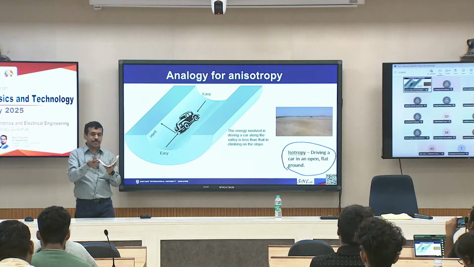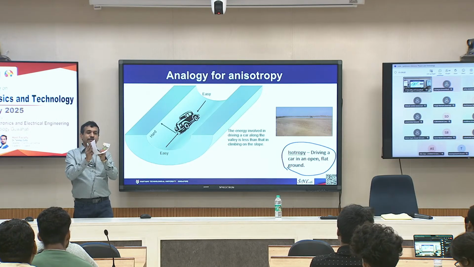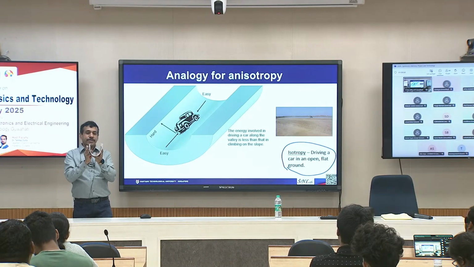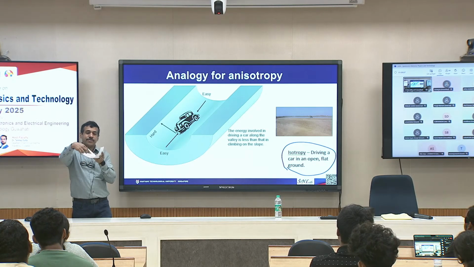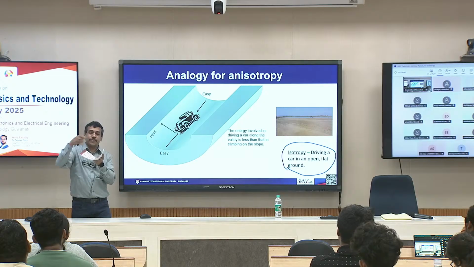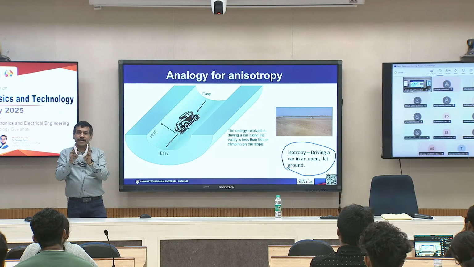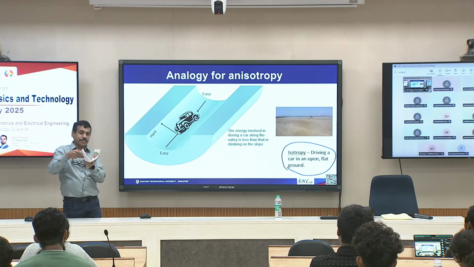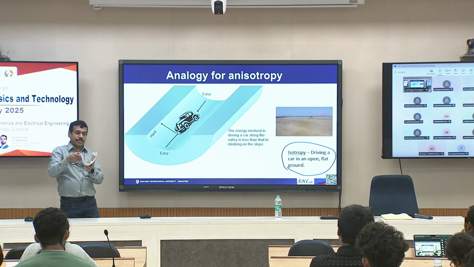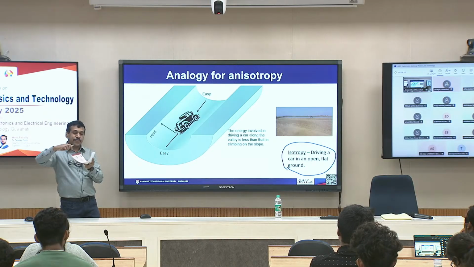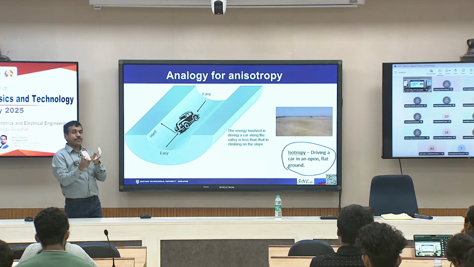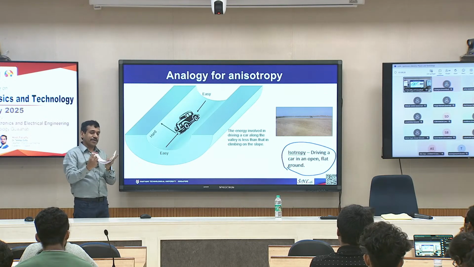Now, let us say you have a scenario like this. Okay. You have a road which looks like this. Okay. So, in this case, let us say you want to drive from here to here towards me. Okay. You will find it easy, okay, because it is a straight road, right. You will find it easy, no problem. On the other hand, if you have to drive along this direction, okay, you need to press the accelerator a lot.